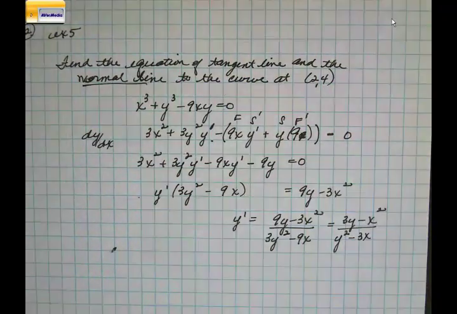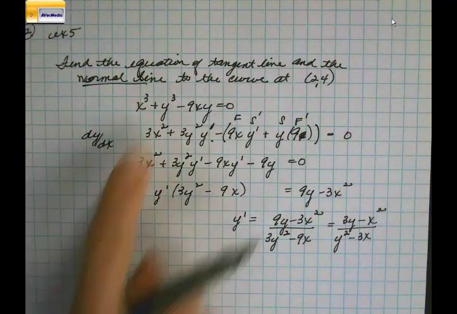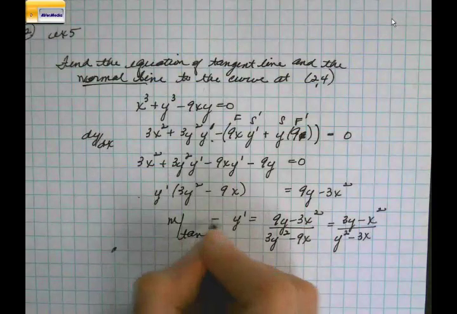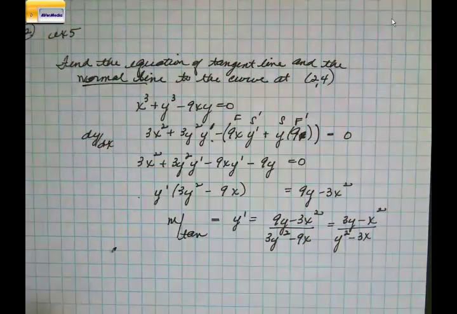There it is. And now, think about this a second. Y prime is dy/dx, which is the slope of the tangent line anywhere along this curve.